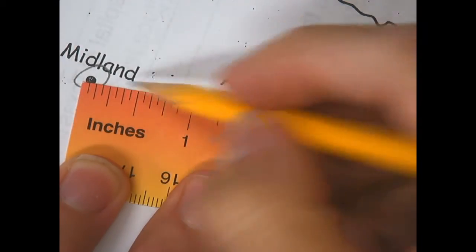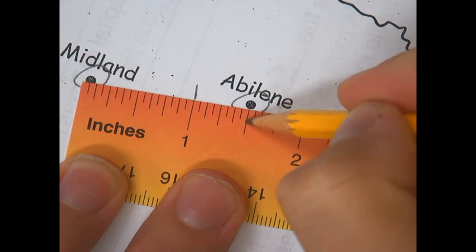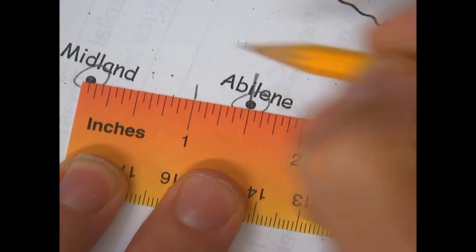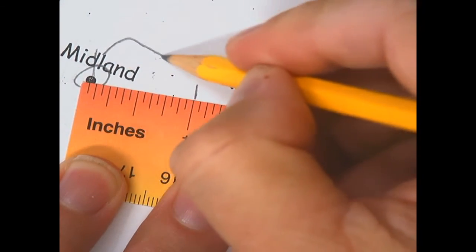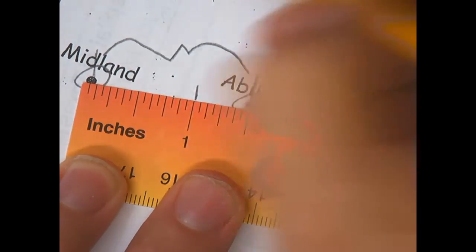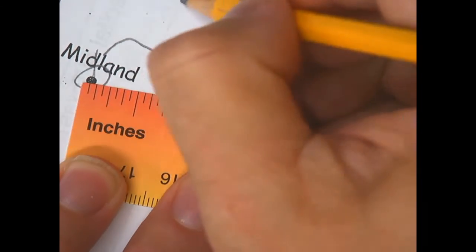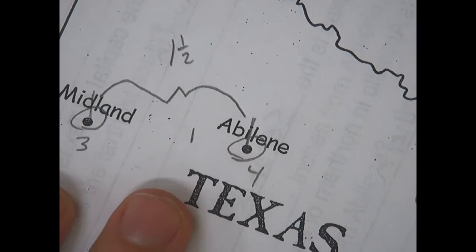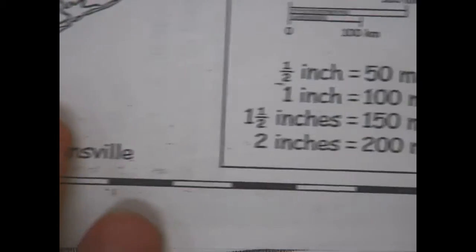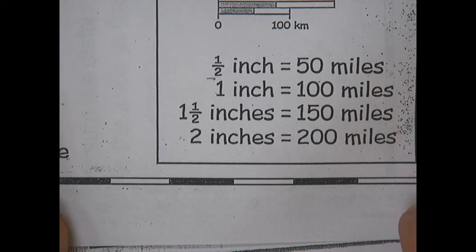So here is 1 inch, and then we have a half inch. Okay, so the distance from Midland to Abilene is 1.5 inches, which, if we look at the map scale down here, that's 150 miles.